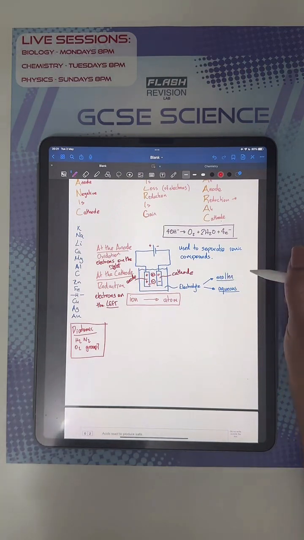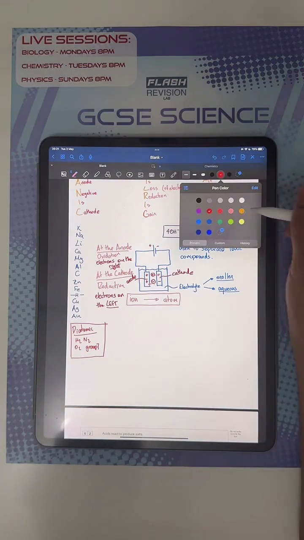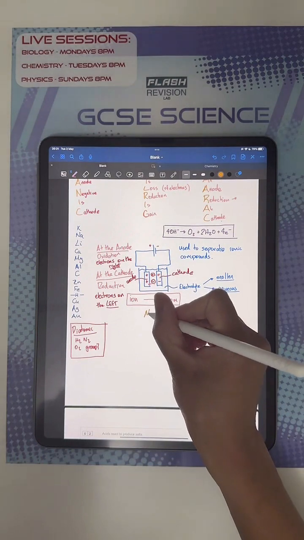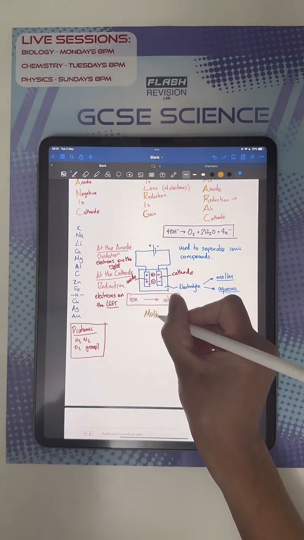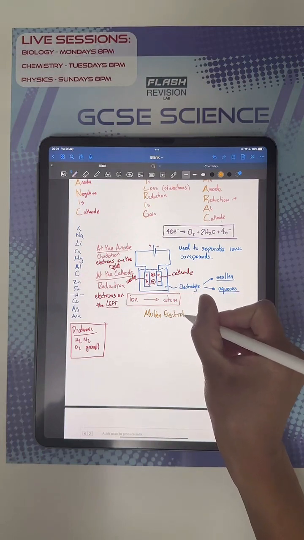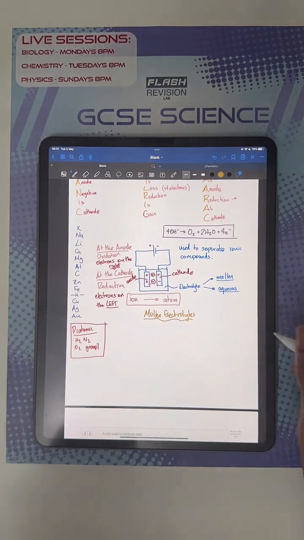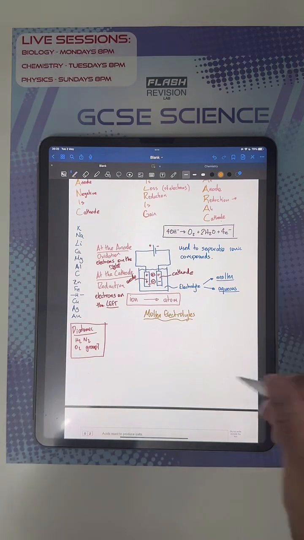You can have 2 different types of electrolysis. The easier one is molten electrolytes. The trickier one is when you have aqueous electrolytes, or electrolytes in solution.